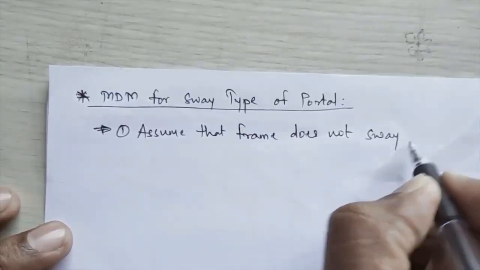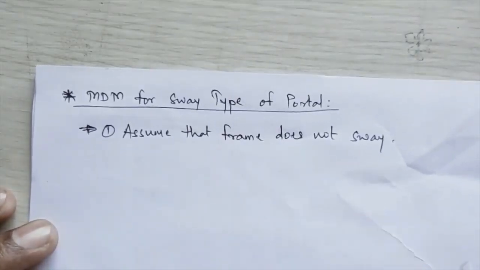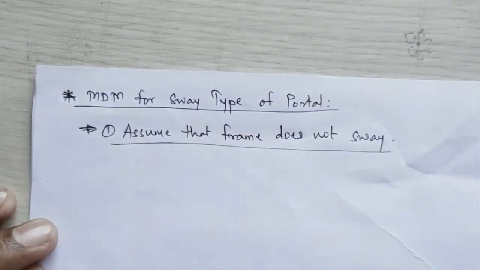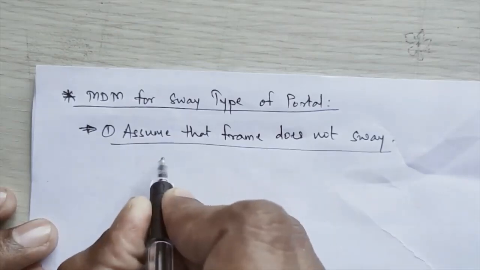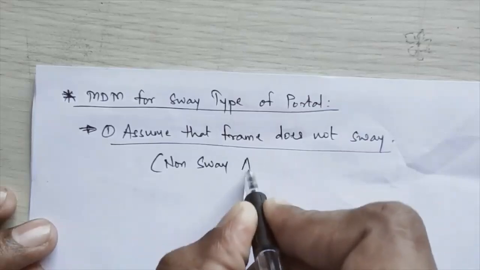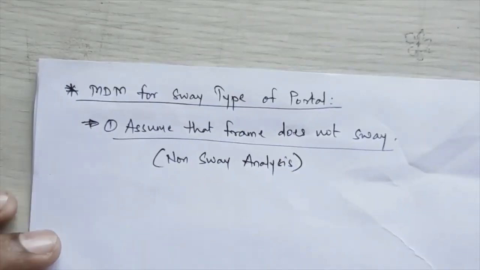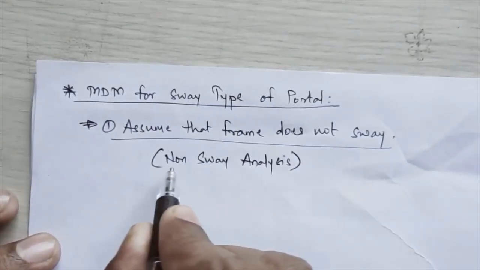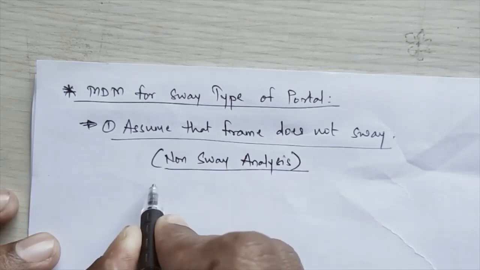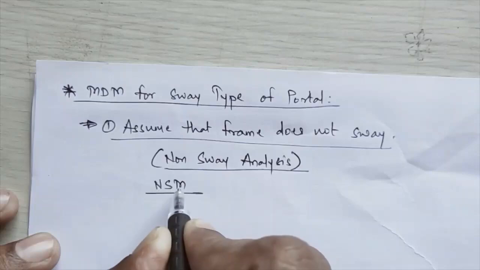Whatever analysis you will be carrying out, that is the calculation of distribution factors, after that the calculation of the moment distribution table, the analysis you carry out by taking this assumption will be called your non-sway analysis. Whatever moments you get in this non-sway analysis in the moment distribution table will be called your NSM, that is nothing but non-sway moments.